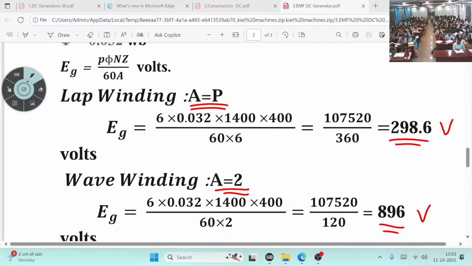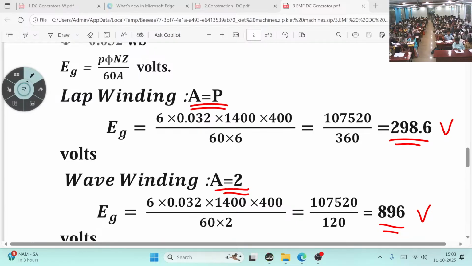Okay? So simple. For the given problem, first you have to write down the given data. You will get 1 mark. Then write down the formula, you will get 1 mark.